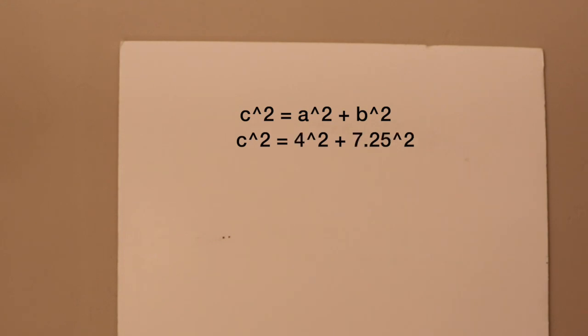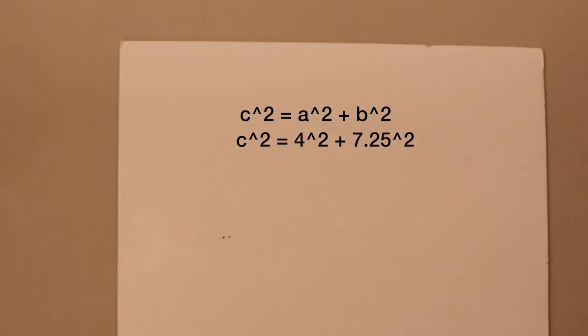Then again, we're going to go completely vertical. From this point, we measure straight up. We're given 7.25 inches. And then if we put that into our Pythagorean theorem, it'll be 4 squared plus 7.25 squared.